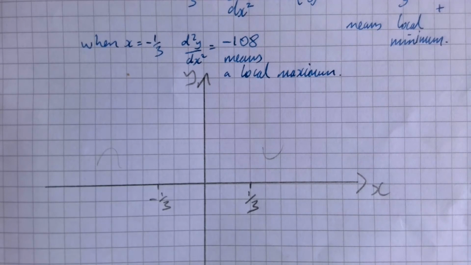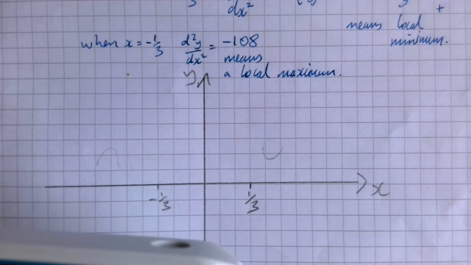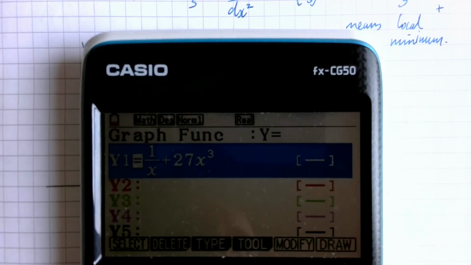Now how are they going to come together? Takes a little bit of thinking about, doesn't it? So pop it in your calculator, go to graph mode. Right, so pop it in your calculator like that, press draw.